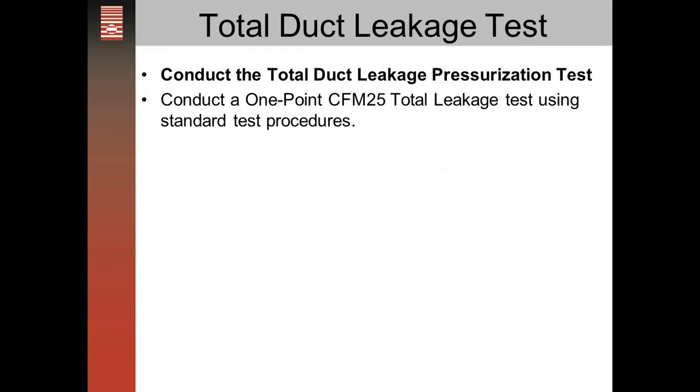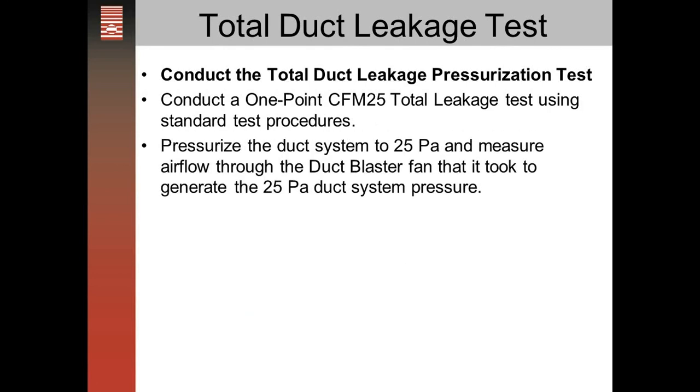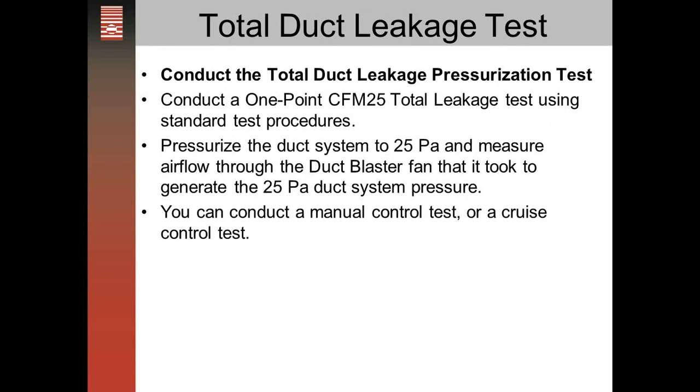So for total, we're set up for a pressurization test. We'll conduct a 1-point CFM 50 total leakage test using the standard test procedures. We'll pressurize the duct system to 25 and see how much airflow through the Duct Blaster fan it takes to generate a 25 pascal pressure in the duct system.